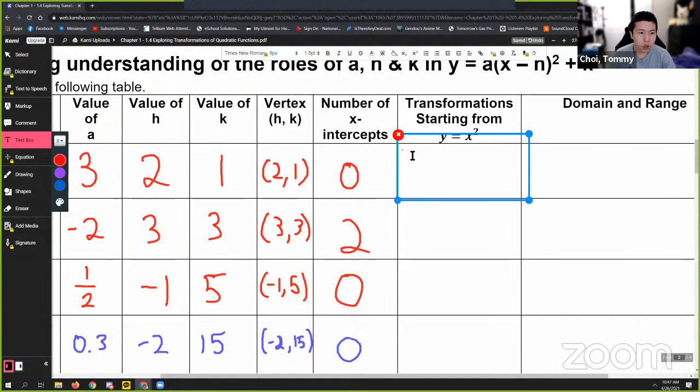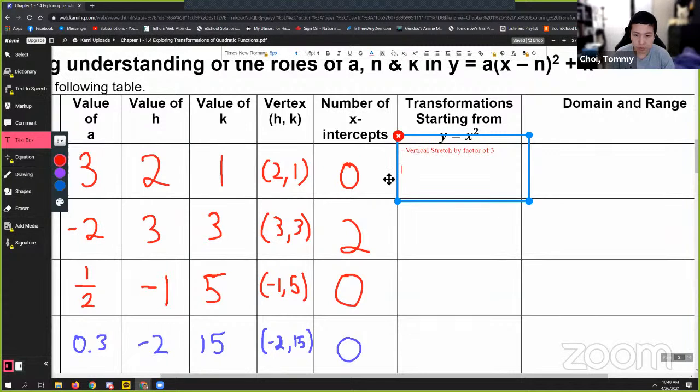Okay. So looking at it, our A value is positive. That's a vertical stretch. Sorry, the number is greater than 1. It's a vertical stretch by factor of 3. So we just copy that down. Done. There is no vertical reflection.